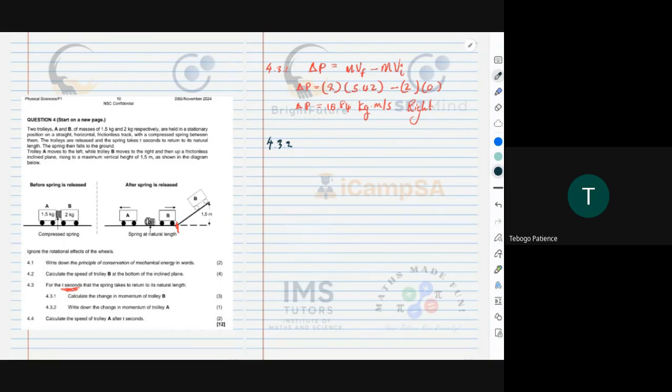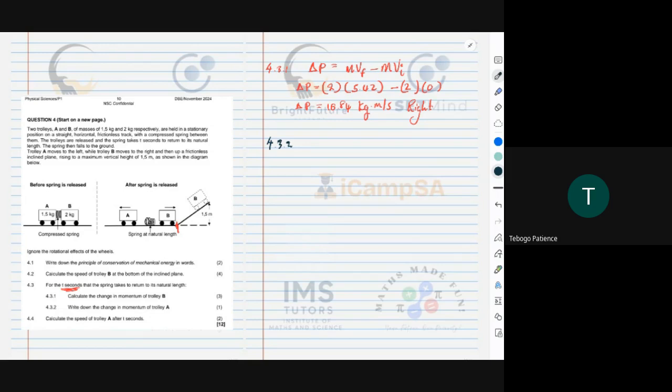Now they're asking us to write down the change in momentum for trolley A. What would the change in momentum be? Remember, the momentum should be conserved.